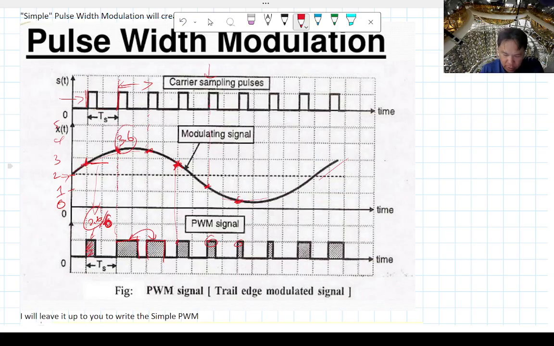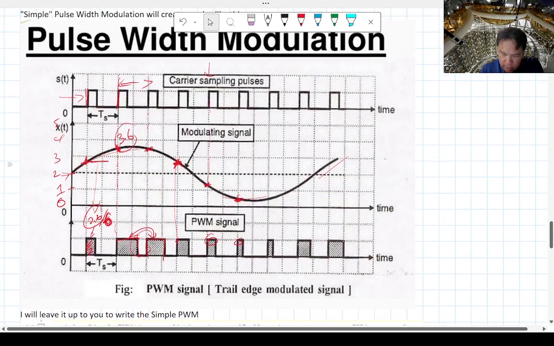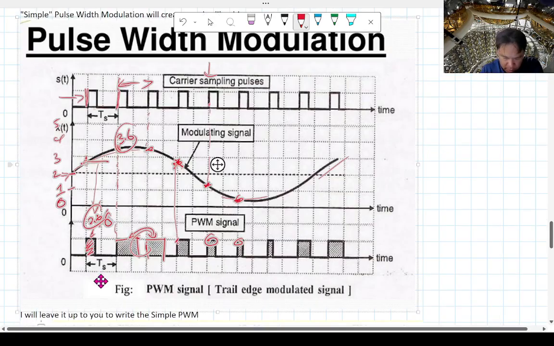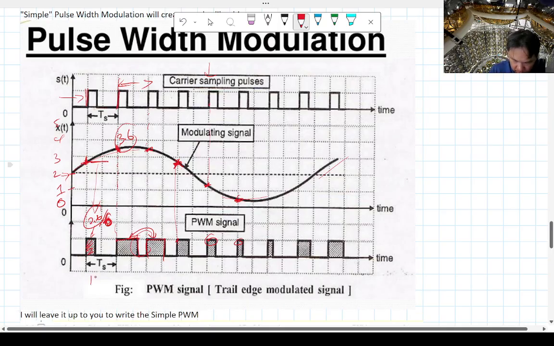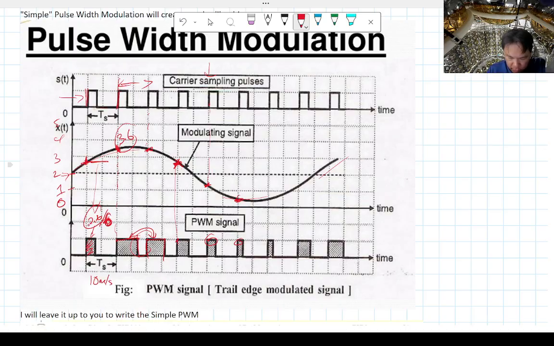So what you're doing is basically just dividing. Let's say this time, TS here, is 10 milliseconds. So for a 2.6, maybe you're pulsing it 2.6 milliseconds. Let's just make this 10, just to make the math easier.